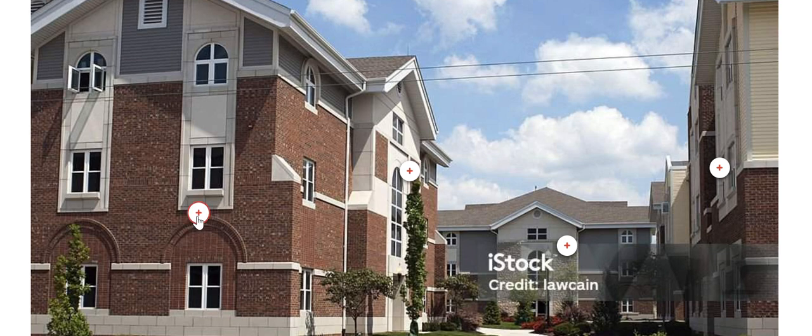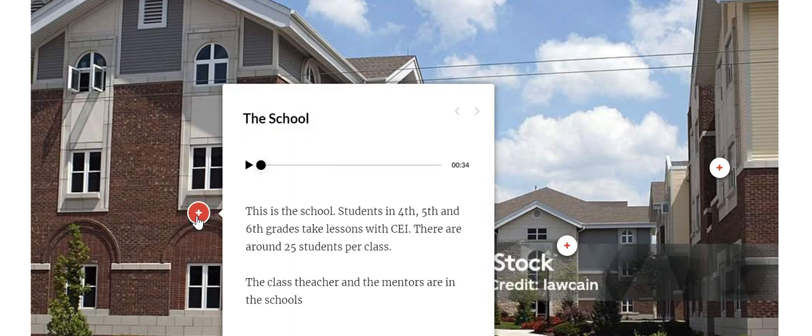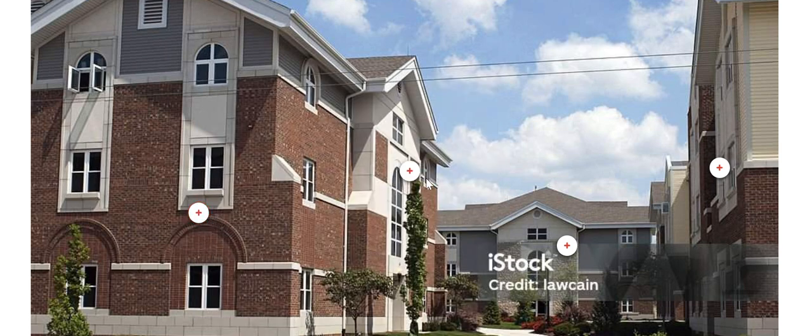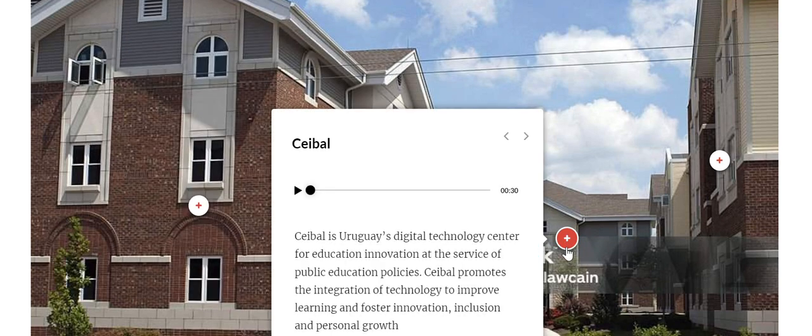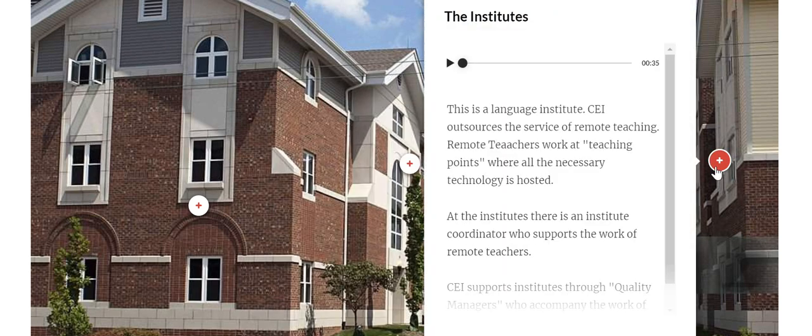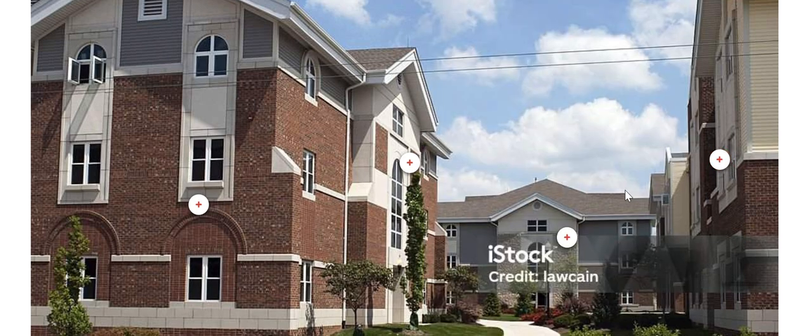For this reason, the lesson begins with images that can be clicked upon and where the definition of the location and who is in that location is explained. The school, the high school, Ceibal, and also the institutes or language schools where remote teachers work.